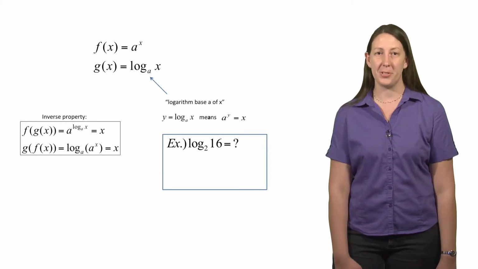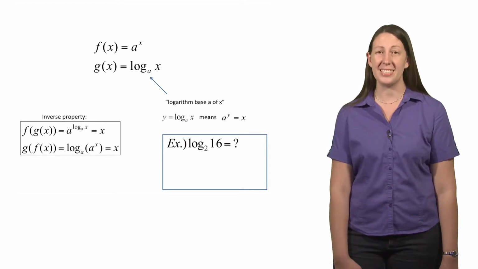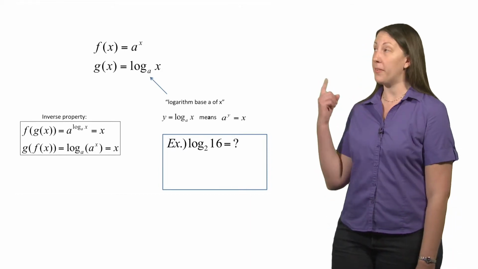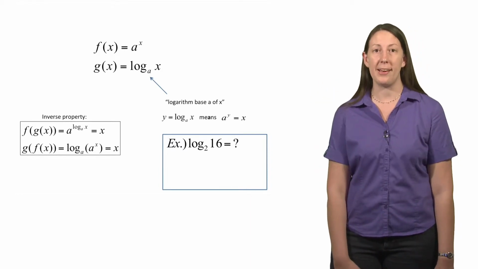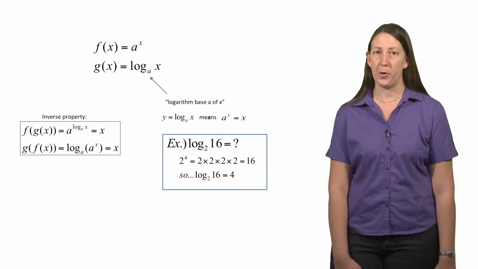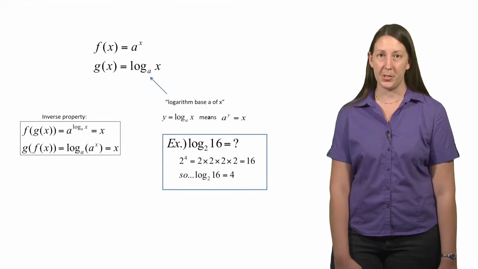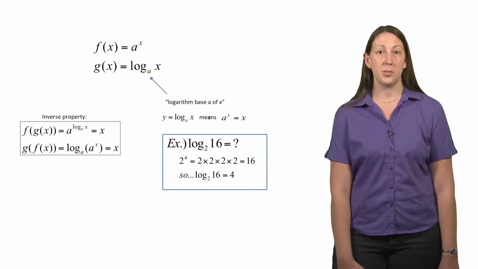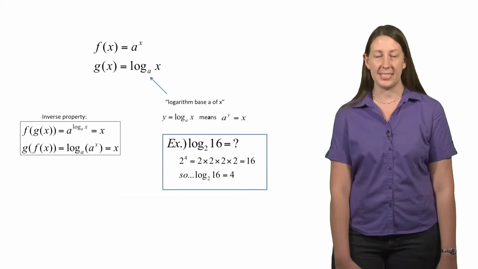Let's do a quick example so you can see how the log works, because with different bases, sometimes this can be new to students. For example, what if I wanted to compute the log base 2 of 16? First, I'm going to notice to myself that 2 to the 4th power, or 2 times 2 times 2 times 2, is just equal to 16. So 2 raised to the 4th power is 16.